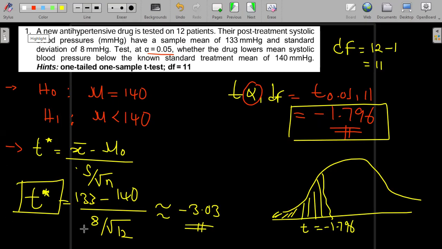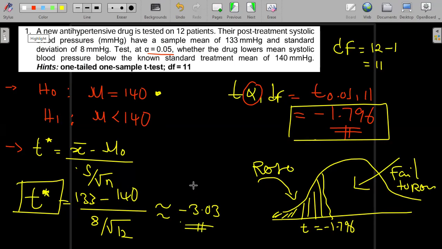If the value that I've calculated is in the rejection region, we're going to reject the null hypothesis. But if it's more than this, we're not going to reject, because in all this region we are failing to reject. We're not accepting, but we are failing to reject. Then here we're going to reject.